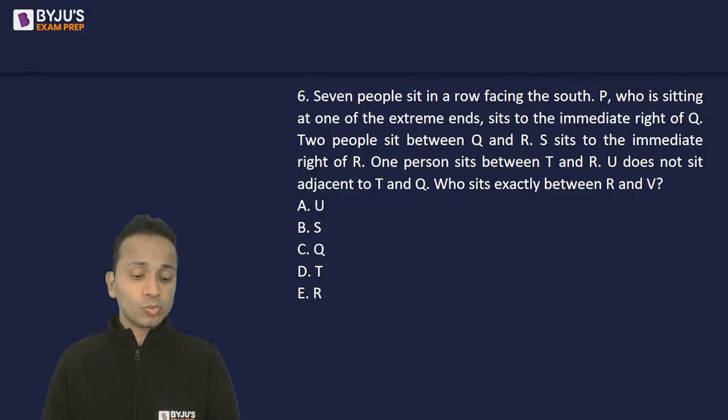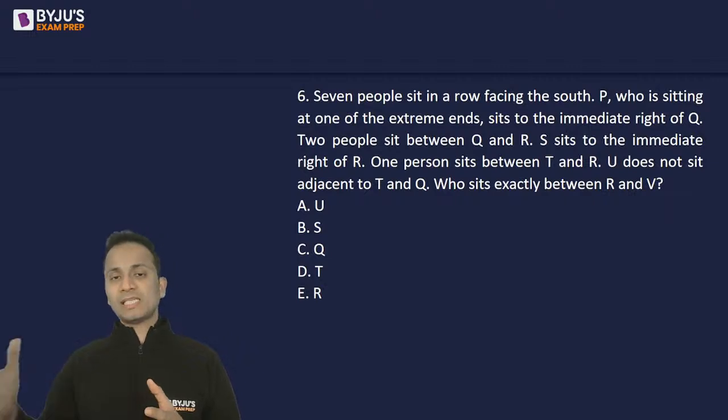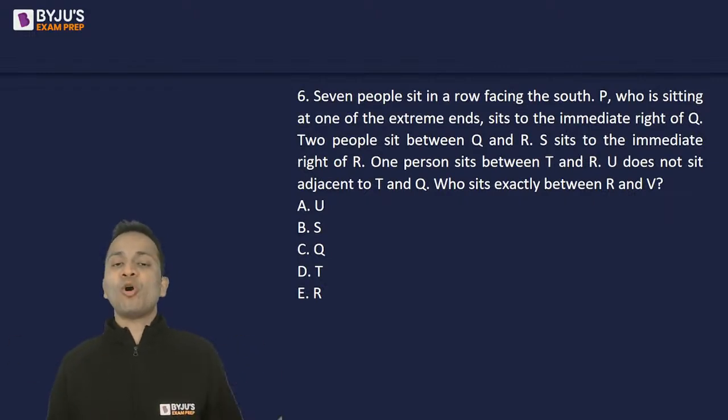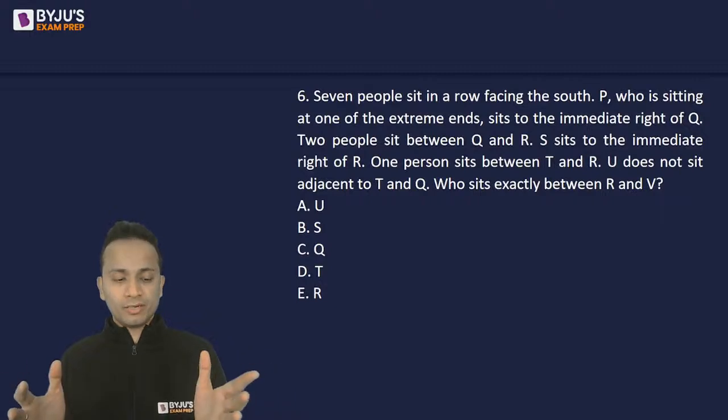Okay, explain this word adjacent. Adjacent means साथ में, immediate left or immediate right, together.